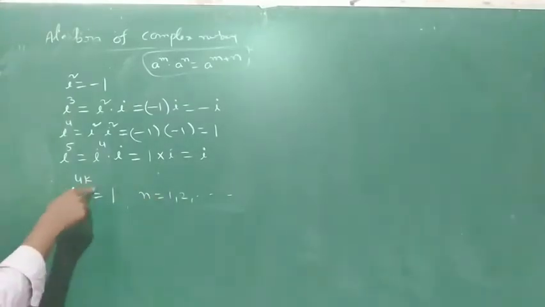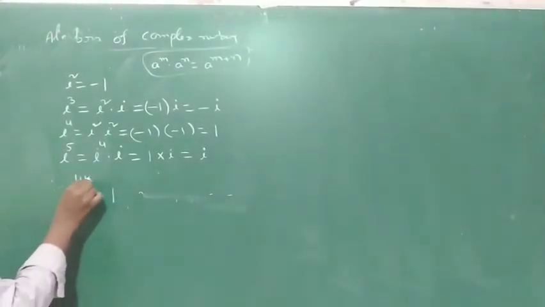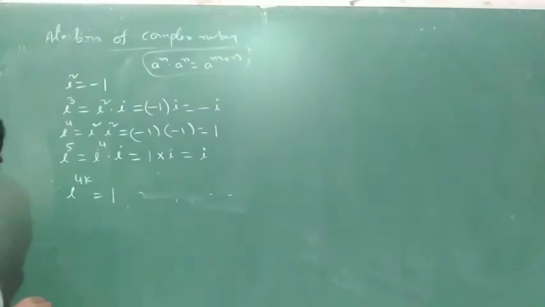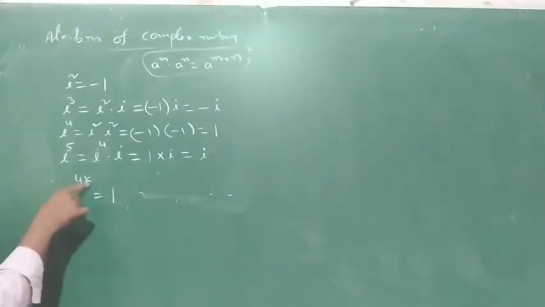For example, k is equal to 1 means i power 4 is 1, k is equal to 2 means i power 8.